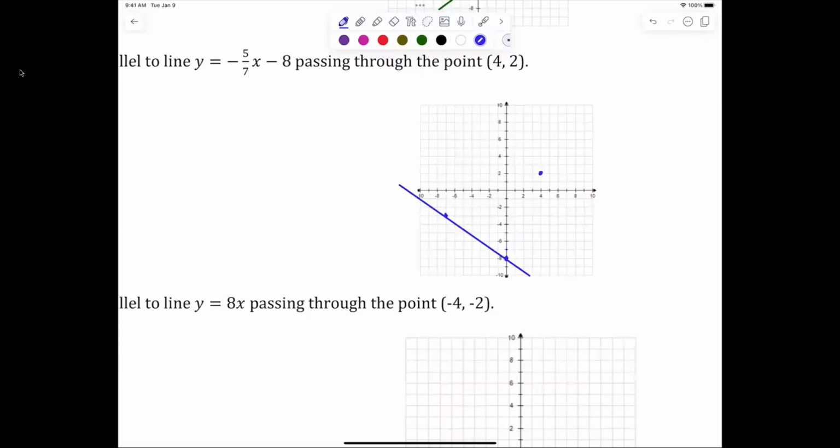Can I really go over 7? No, that would take me to 11. So instead of going down, I'm going to go up 5 and left 7. And then draw that line. And like magic, that creates what? Parallel lines.